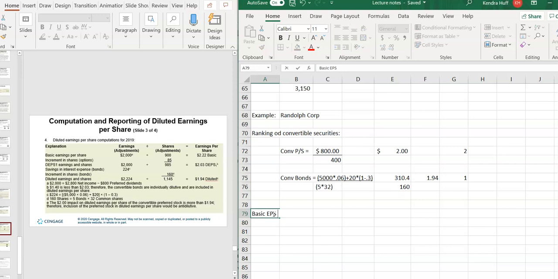So basic EPS is going to equal the net income, it's actually 2,800, minus the 800 of preferred stock dividends, divided by 900 shares outstanding, because that's what's outstanding, right?